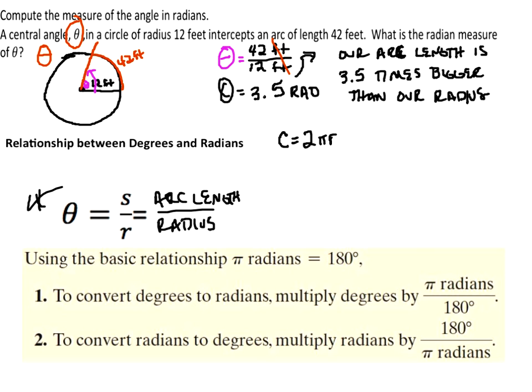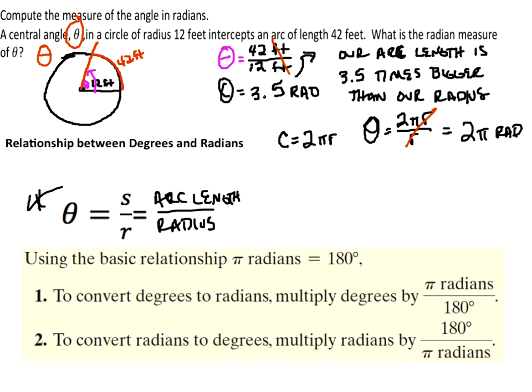So if I had an angle that was a full circle, I would have that angle measure is equal to 2 pi r, because my arc length is going to go all the way around the circle, and then I divide that by the radius. Well, my radii divide out there, and I'm left with the circle is 2 pi radians. And I know that there are 360 degrees in a circle.